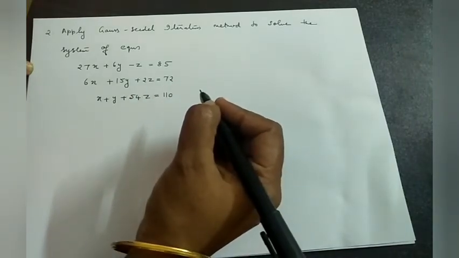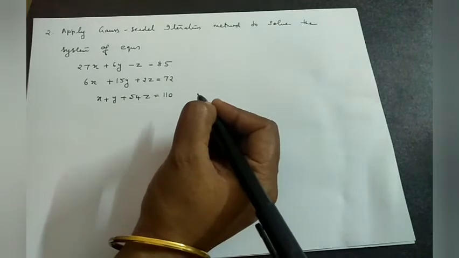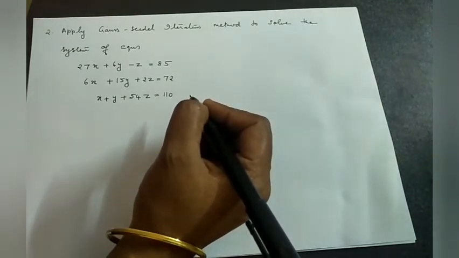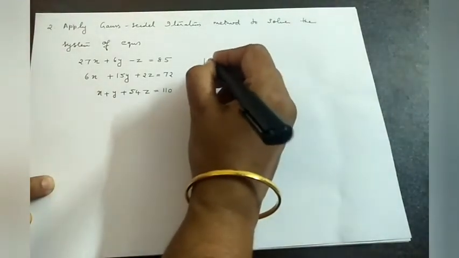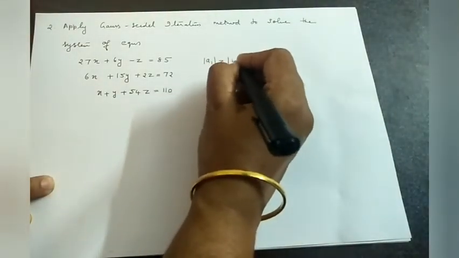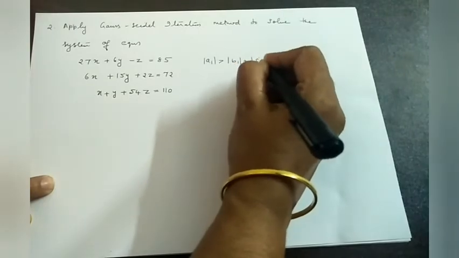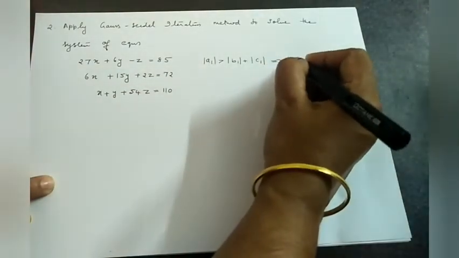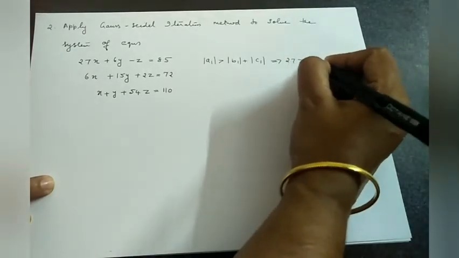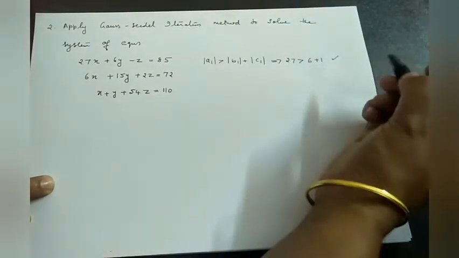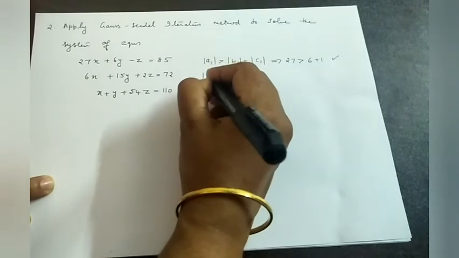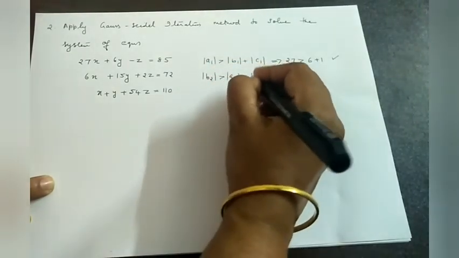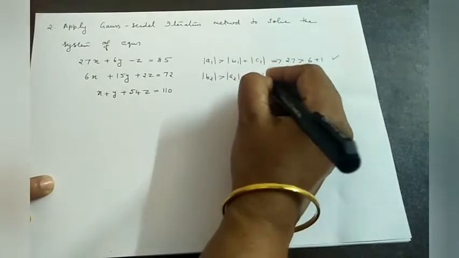Okay. Now here we want to check whether these equations satisfy the condition |a1| > |b1| + |c1|. Here we can check that 27 is greater than 6 + 1. Now check whether |b2| is greater than |a2| + |c2|.